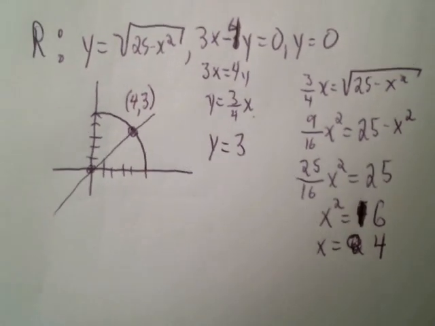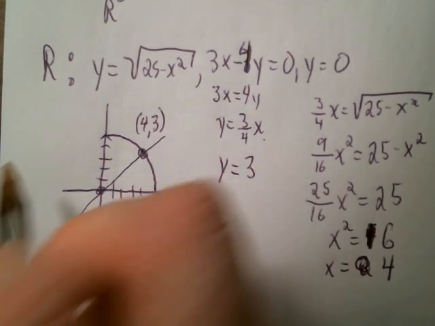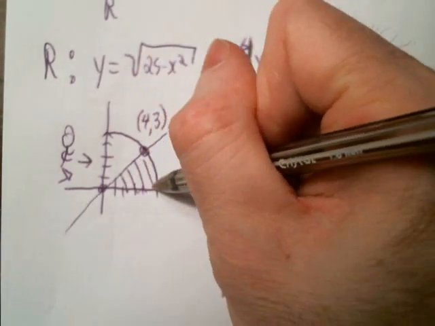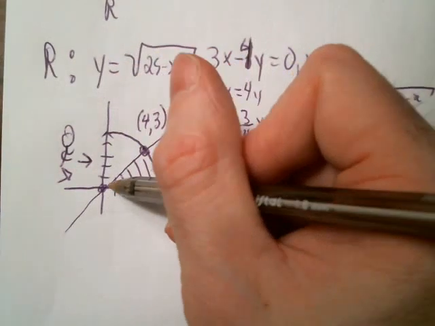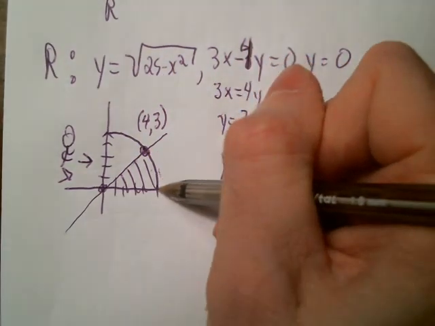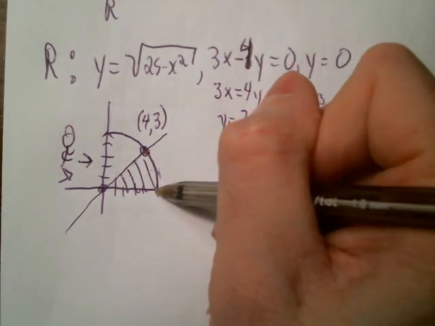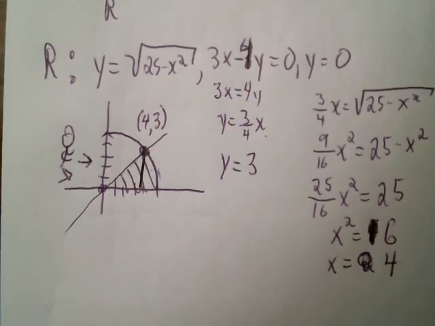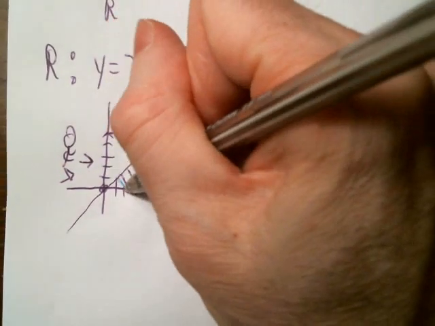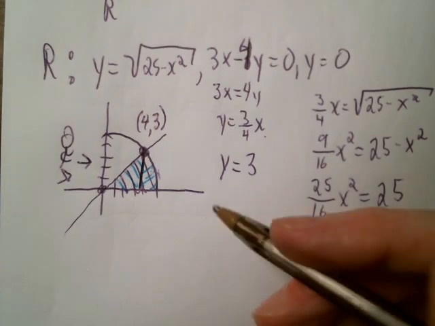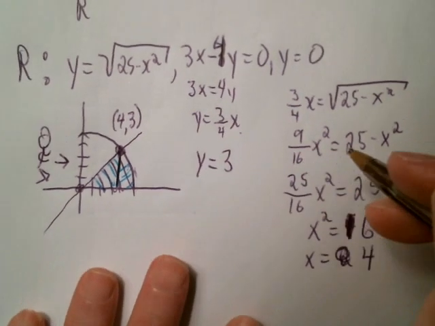And we need that because if your Riemann man is going in this direction, and this is the region we're worried about, at first, the top curve is the line, and then second, the semicircle is the top curve. Okay, so you really will have 2 integrals in that case, right? So you have an integral for this region, and then you have an integral for this second region, right? Okay, so let's do that.